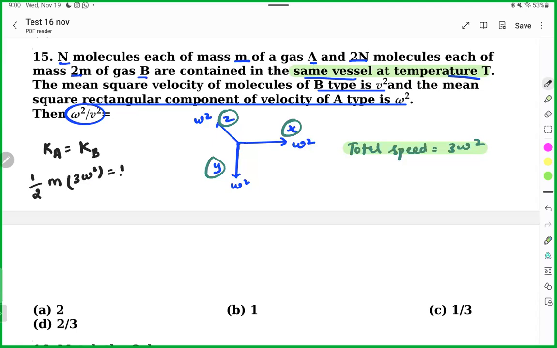In container B, 1 by 2, mass is 2m and speed is v square. You can calculate the ratio. 1 by 2, 1 by 2 cancel. M cancels. Omega square by v square will be 2 by 3. Is it really difficult? We discussed this in class.